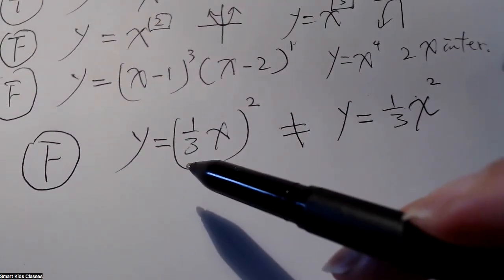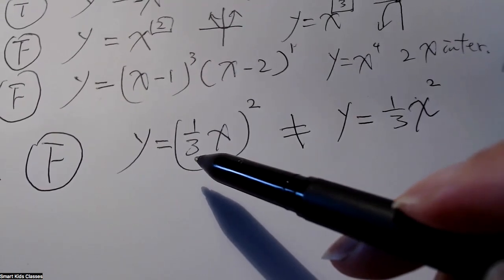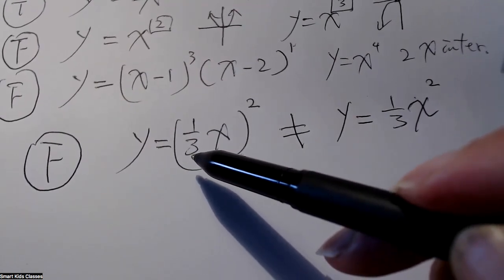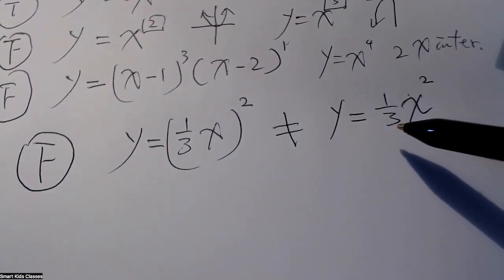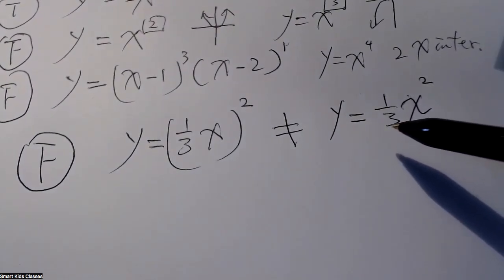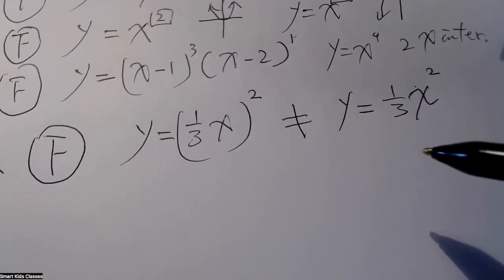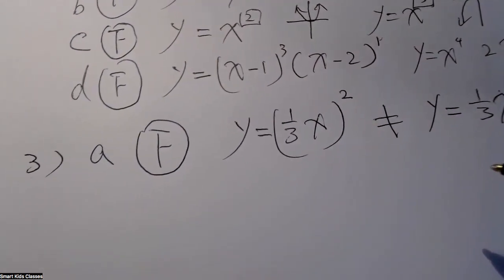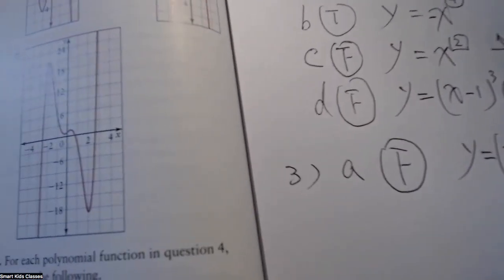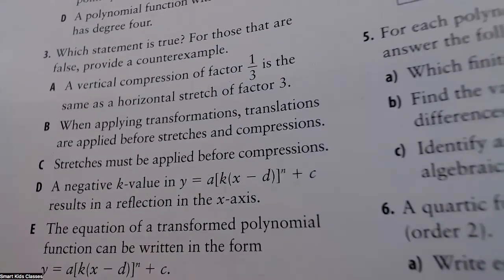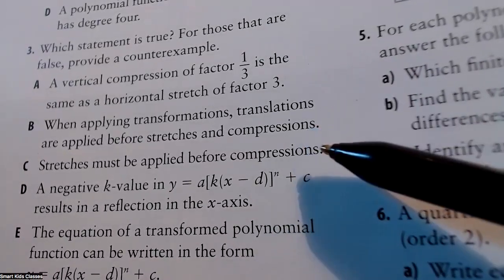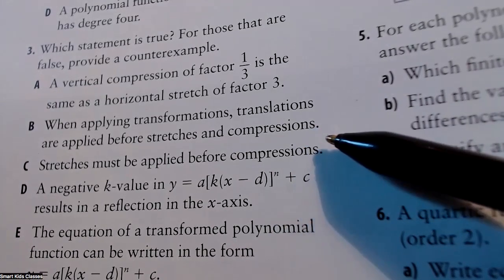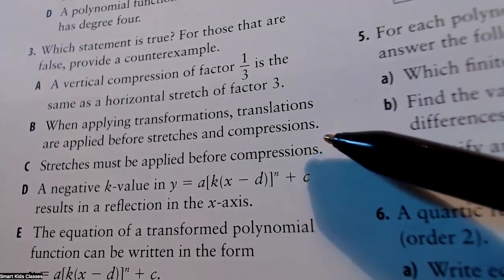So this one is k horizontally stretched by a factor of 2. This is vertically compressed by a factor of 2. Good. So that's how it is. And question 3b. So when translation is applied before the stretch and the compress.